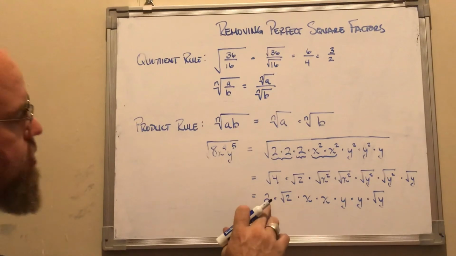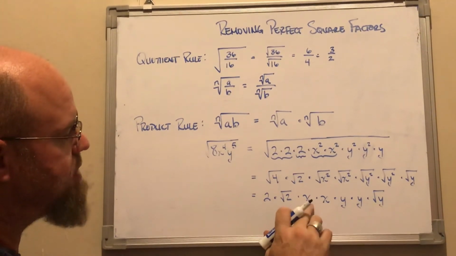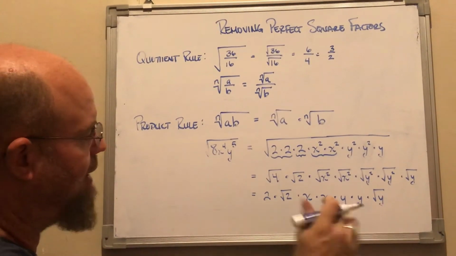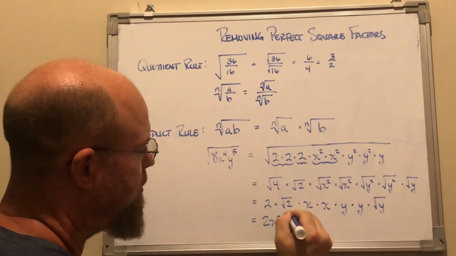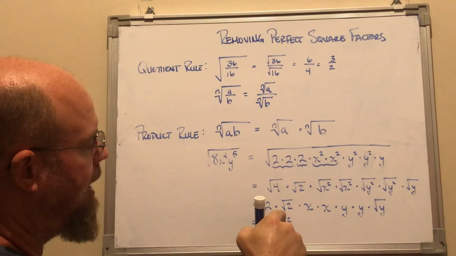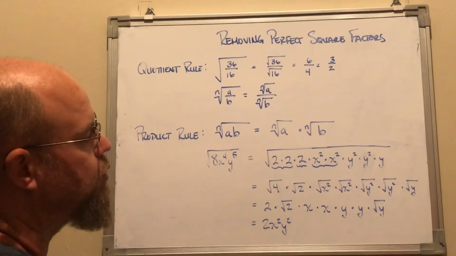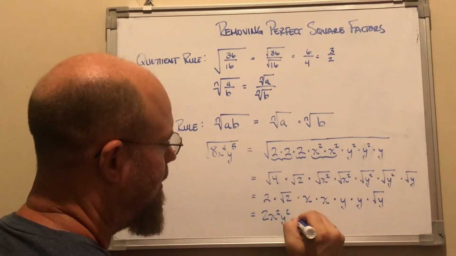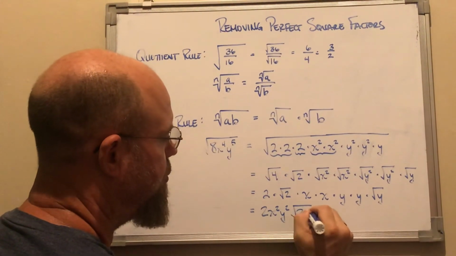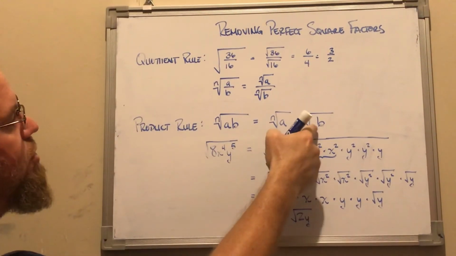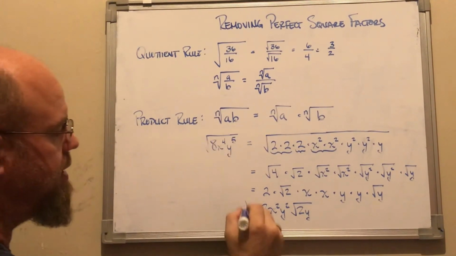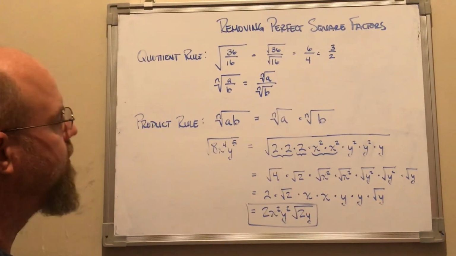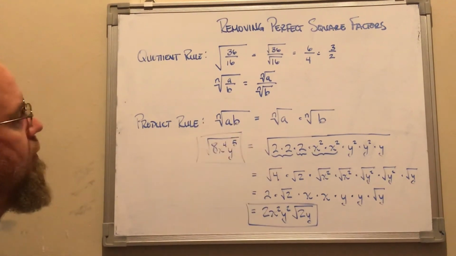All right, so if I multiply 2 times x times y, I get 2x squared y squared. And if I multiply square root of 2 by the square root of y, I get the square root of 2y, because I can use this to go backwards on my product rule. So this is your answer to this.